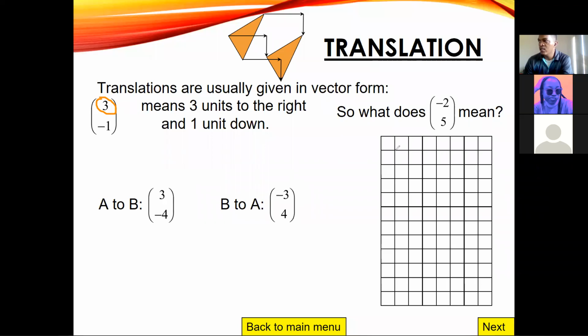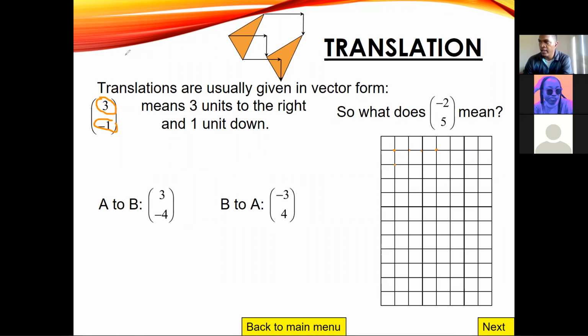If you are starting at this point over here, it means go 3 to the right. So it will be 1, 2, 3. That will be 3 to the right. The number at the bottom, if it's a negative number, it means go 1 block down. So I'm here, and I have to go 1 block down over there. This is what it means in vector form.